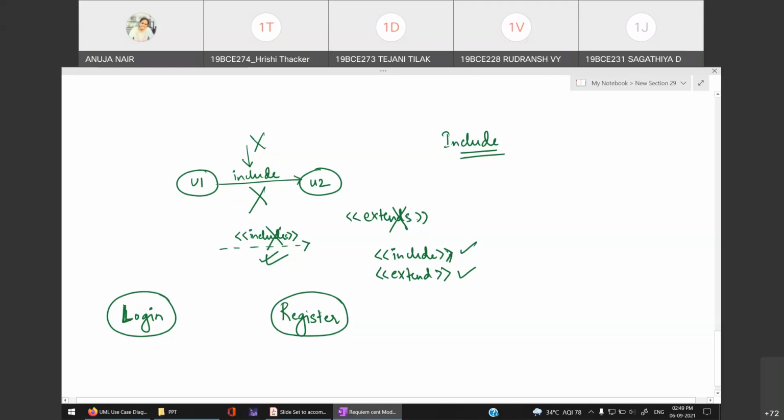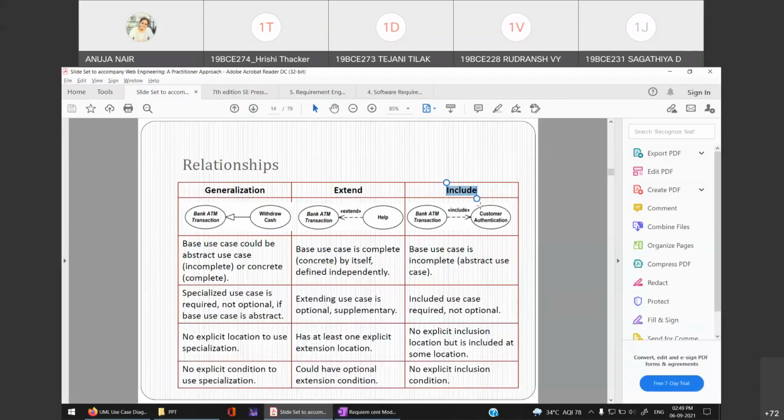If there is no registered user, I cannot do login. Now, this example is given in terms of a transaction. A bank ATM transaction can only be done if the customer is authenticated.